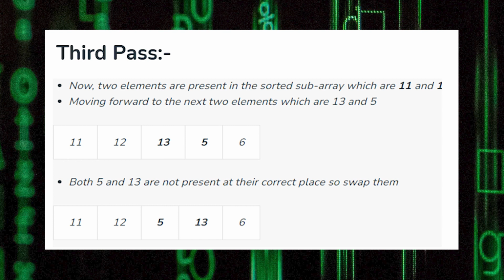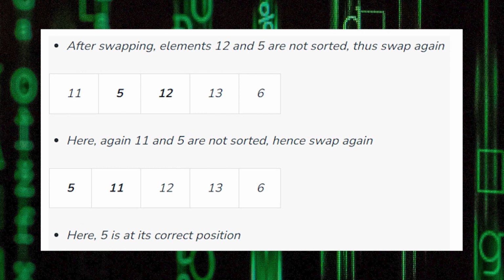In the fourth pass, suppose we have taken an array of 5 elements, the total passes will be n minus 1. After swapping 5 with 12, this is part of the third pass only.